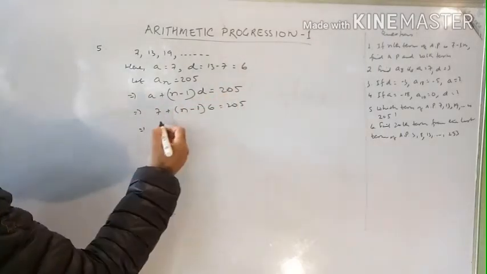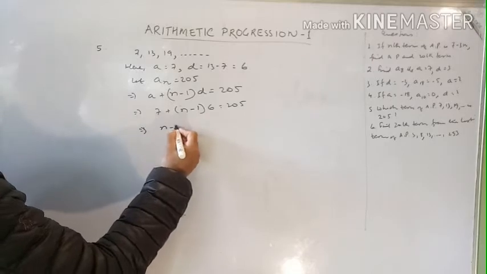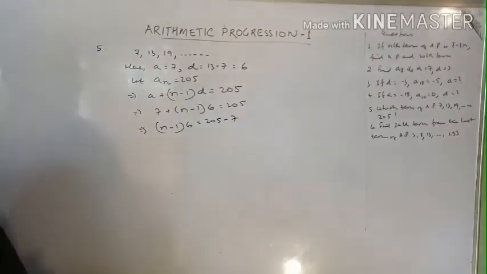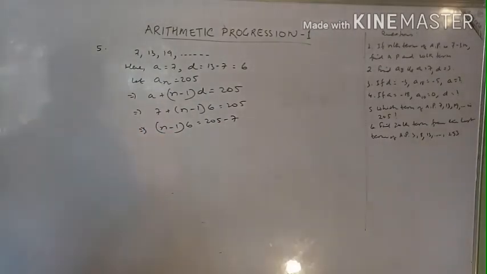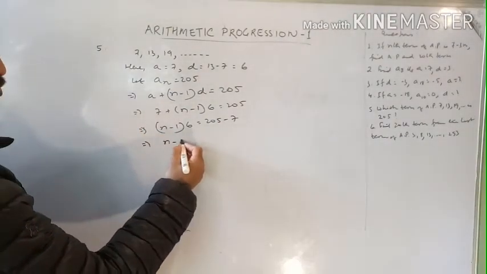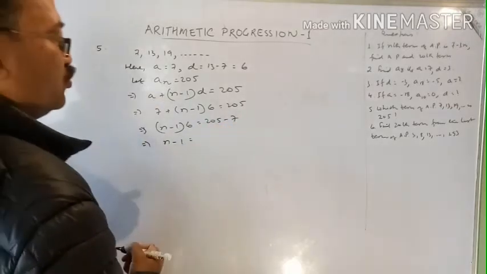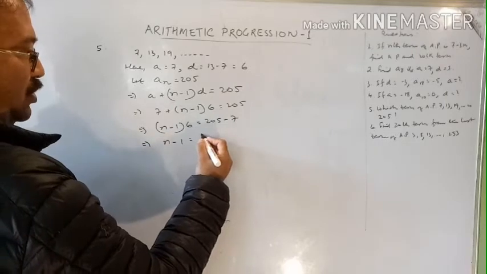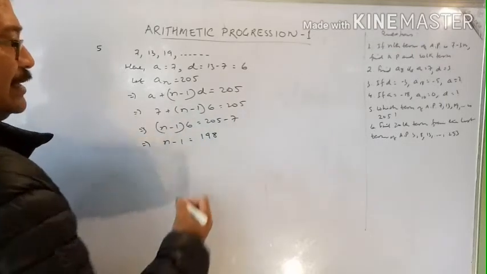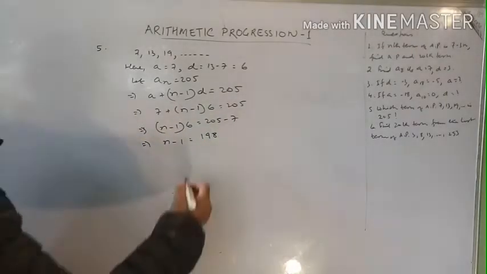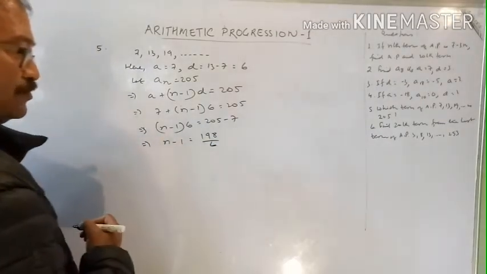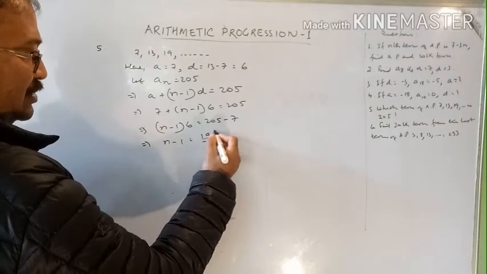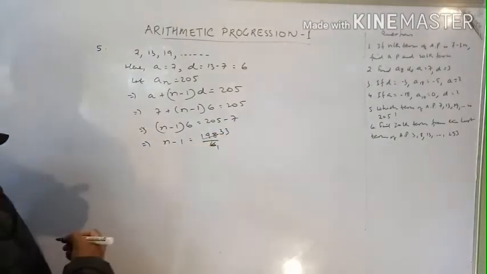First take 7 to that side, so you get n minus 1 into 6 is equal to 205 minus 7. The 7 goes to the right hand side and becomes minus. So n minus 1 equals 205 minus 7, which is 198, divided by 6. The 6 will cancel: 6 3s are 18, 6 3s are 18.